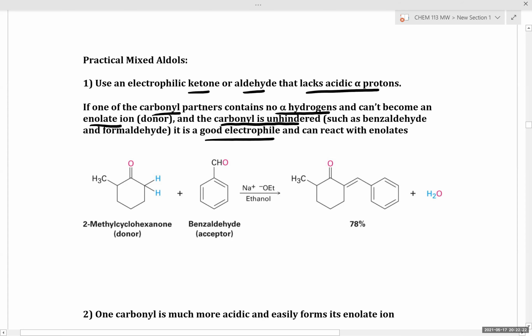We also have something that's very interesting to think about. When we think about this aldol reaction, we have two potential sites to react, alpha and alpha 1. We only see reaction at one of our alpha positions. Now, it's important to note in 2-methyl cyclohexanone, it is the only substrate in this reaction mixture where we can actually pull off a proton.